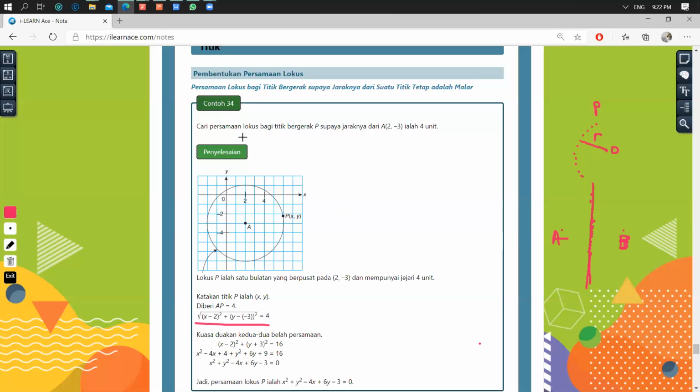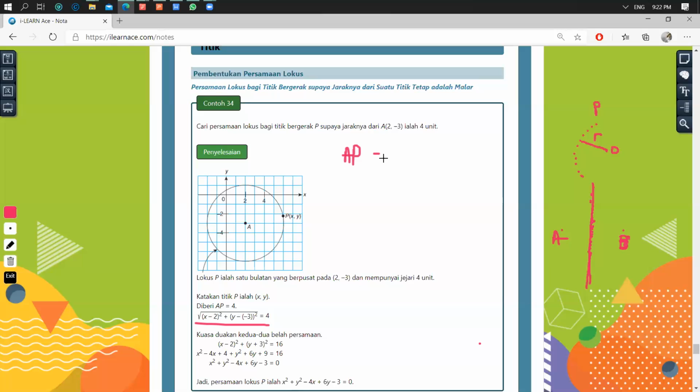The first one is to find the equation of the loci. This is saying that the loci is always moving such that the distance of it from point A is always 4 units. So we use the distance formula.